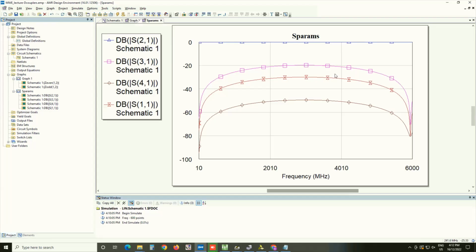This is again purely because this is a lambda by 4 section. You design this special length for one frequency. Designs which use multi-section, and there is a small discussion in Pozar about multi-section transformers, use many such lambda by 4 sections interacting with each other to increase the bandwidth of operation. So how quickly this falls off can be improved.